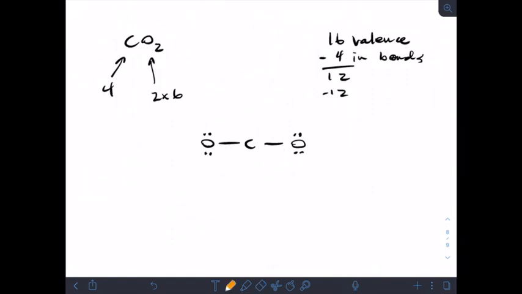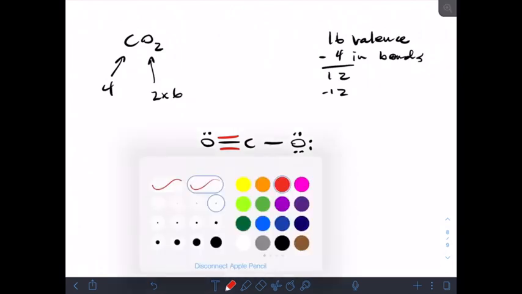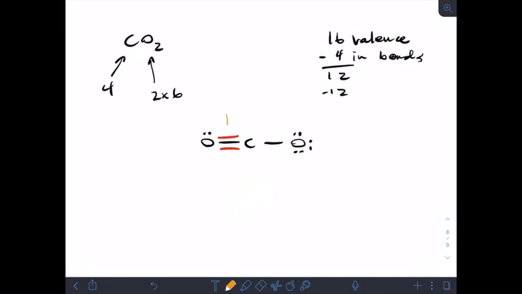And let's say I left this the way it was, and I borrowed an extra set of electrons. Let's make these red. And we did this. Okay? So the way I had it before had formal charges of all zeros. But let's speculate. Let's see what the formal charges look like now. Right?